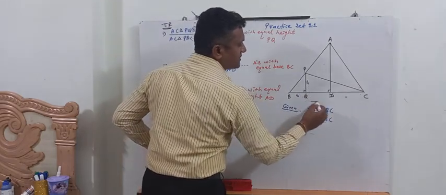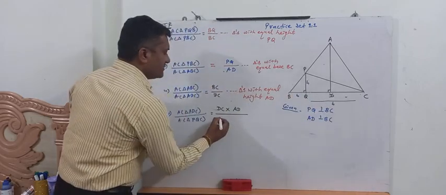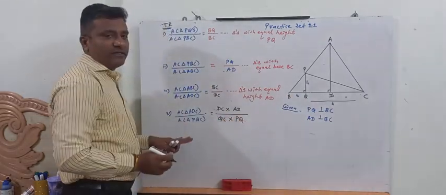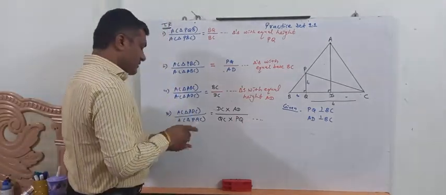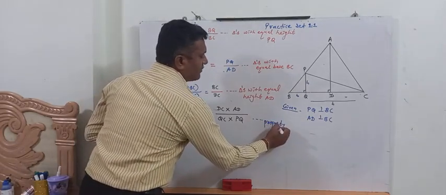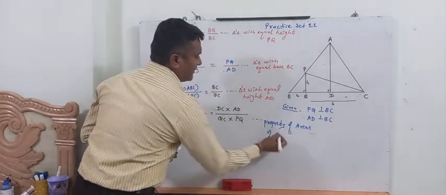This segment QC is called the base here, this is the height. So QC into height PQ. Is anything equal here? Nothing. So the reason for this is very simple: property of areas of triangles.